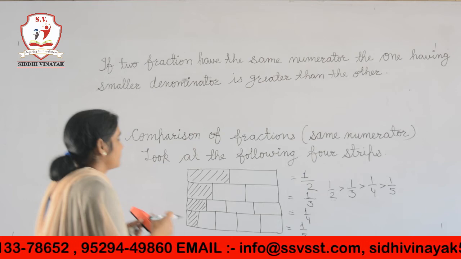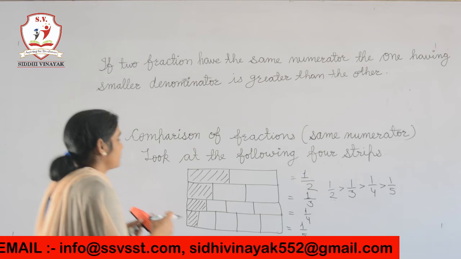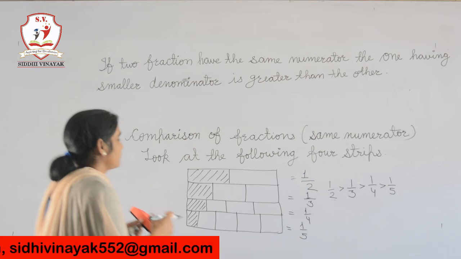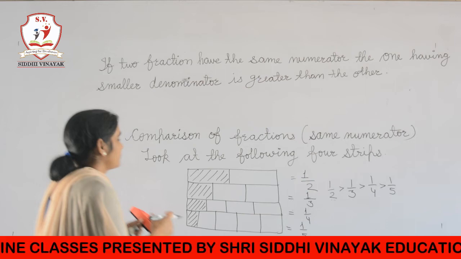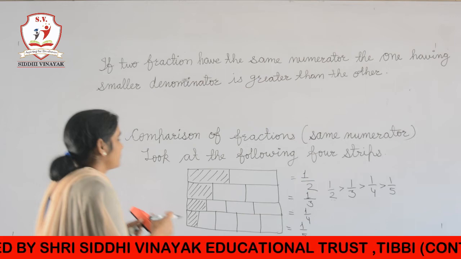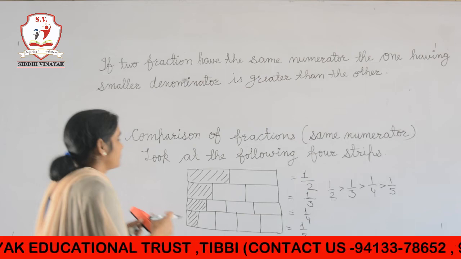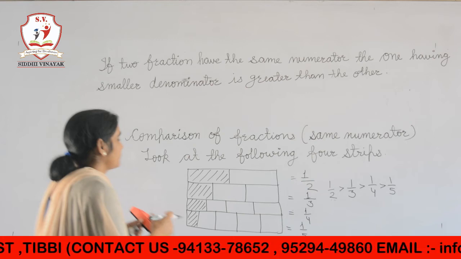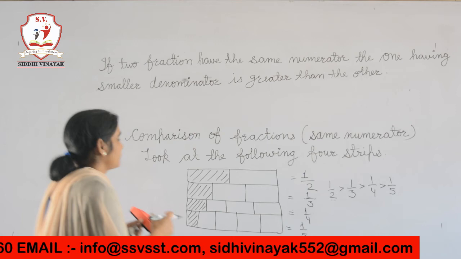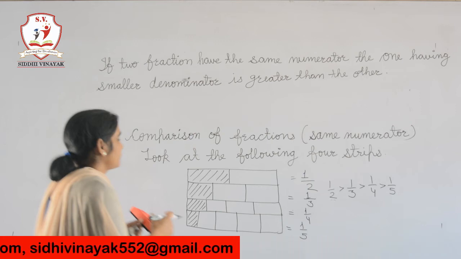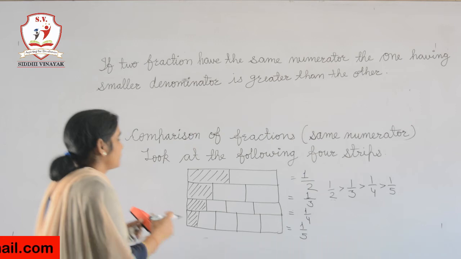Total part 4. Shaded part 2, so 2/4. Next one, we divide it into 4 parts. Shaded part is 3. Total parts 4.